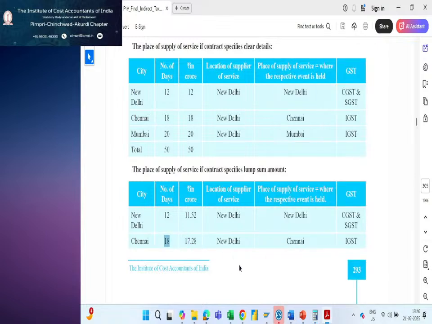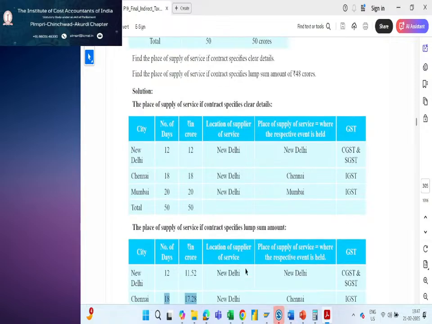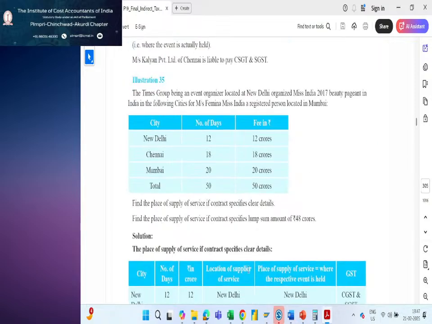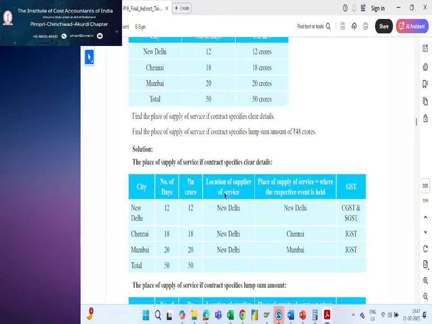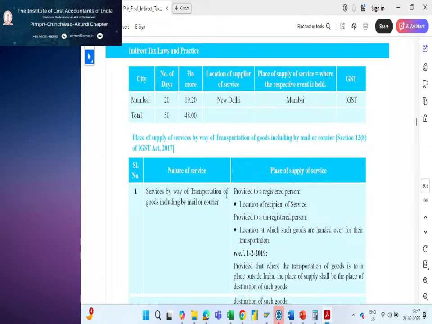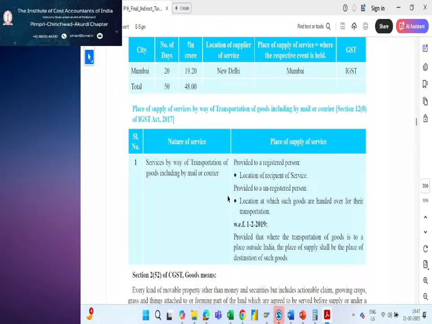So the Chennai city will pay the IGST amount on the value of 17.28, because we are proportioning the amount based on the number of days the event has happened in each city. So the proportion is something different in the place of supply. This type of questions has been asked earlier.